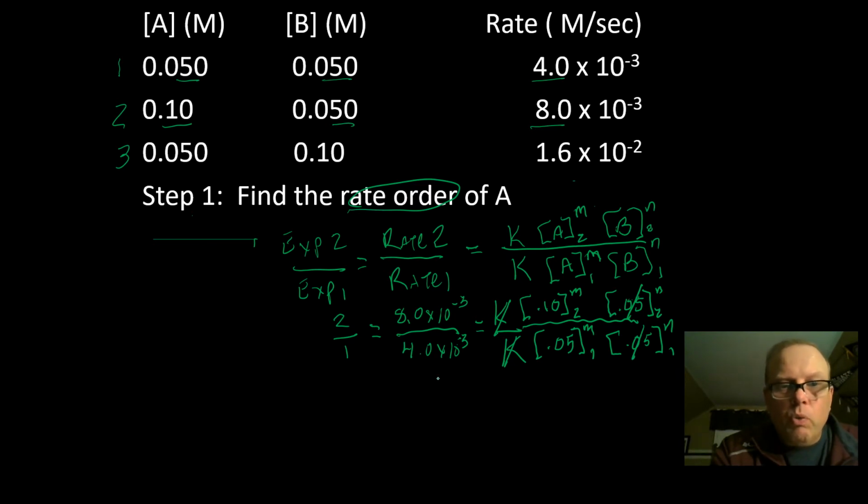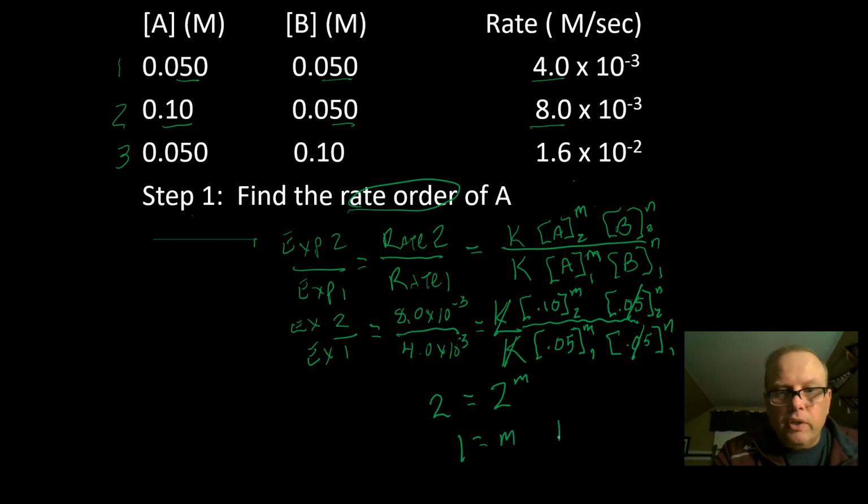So what we're now left with, again experiment 2 over experiment 1: 8 times 10 to the negative third divided by 4 times 10 to the negative third is going to equal 2, which is 0.1 divided by 0.05, so 2 to the M. Therefore, M equals 1.